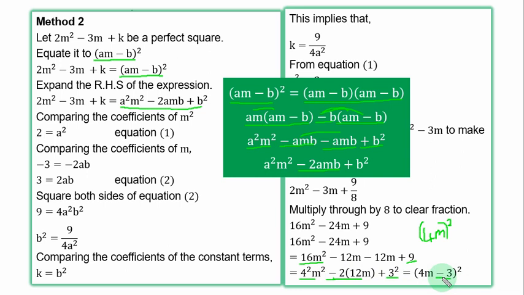So you have 4m minus 3 all squared. So this is how we make a given non-perfect quadratic expression a perfect square.